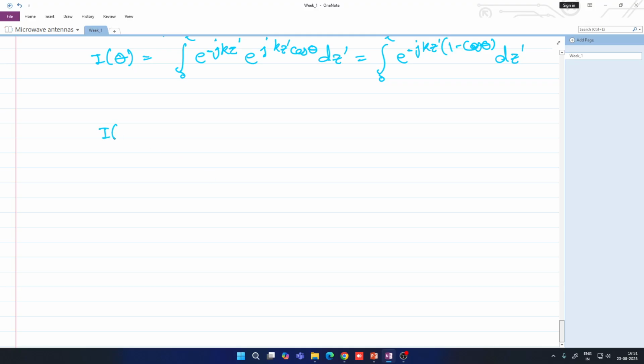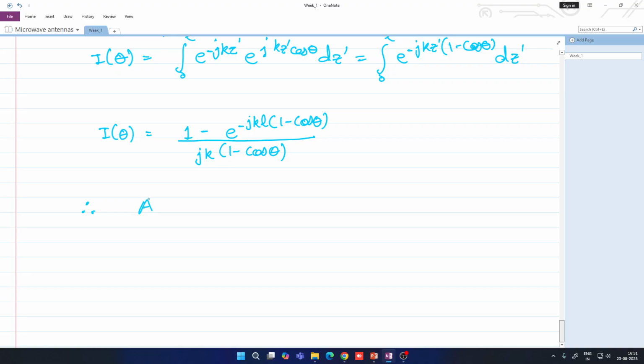Now we can write I of theta equals, when we solve this integral, what we will get is (1 minus e to the power minus jkL into (1 minus cos theta)) divided by jk into (1 minus cos theta).